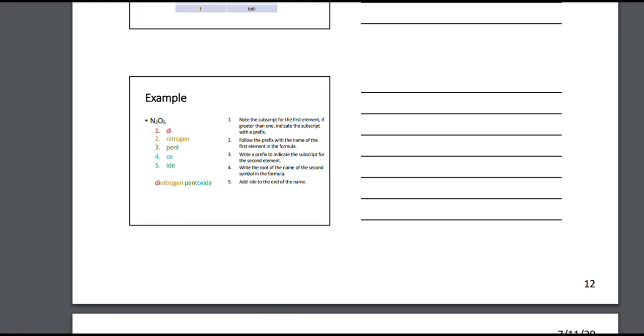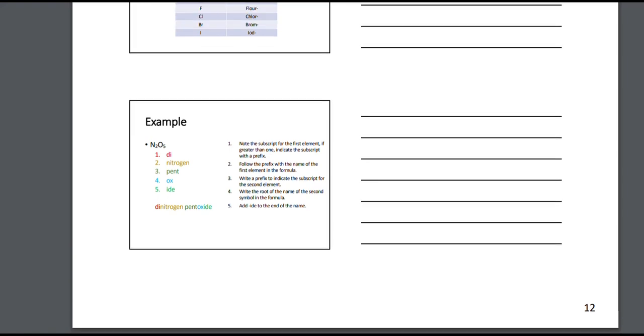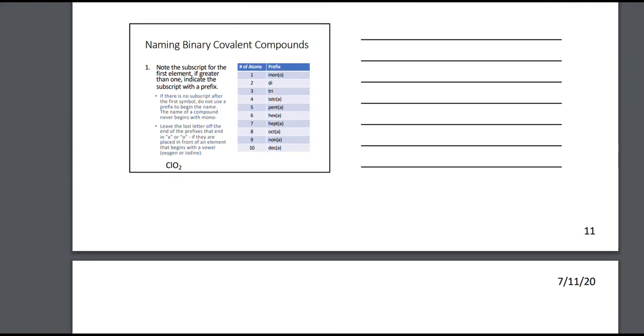So you follow the prefix with the name of the first element of the formula. So it's dinitrogen. Next, I will also look at the subscript of the second element, which is 5. So I'll need to use the appropriate prefix for the subscript 5, and that will be penta.